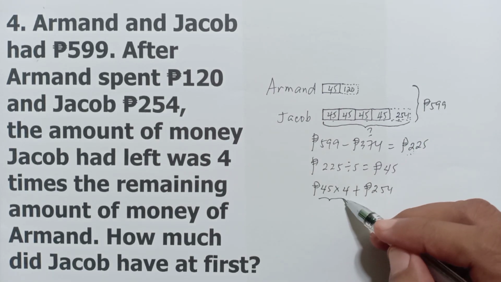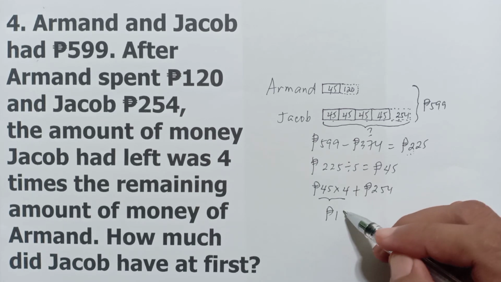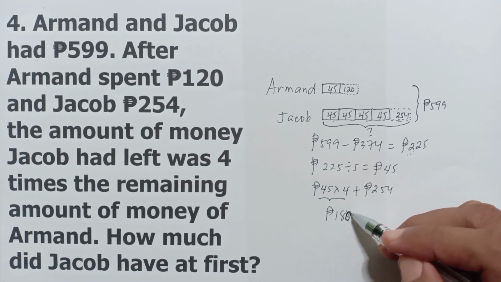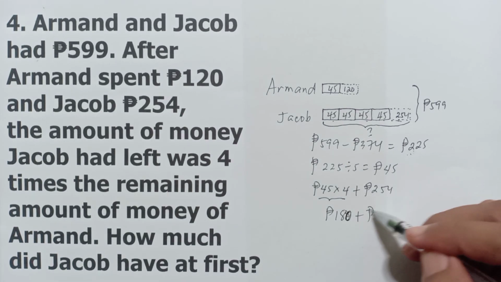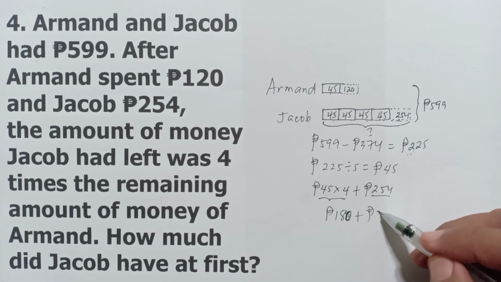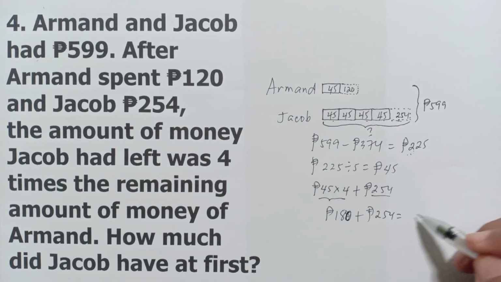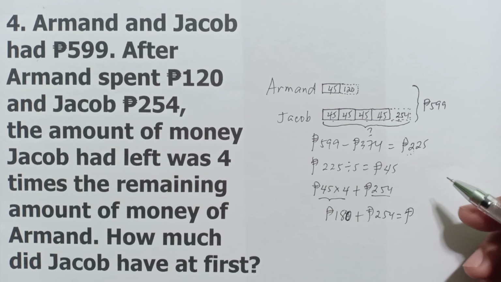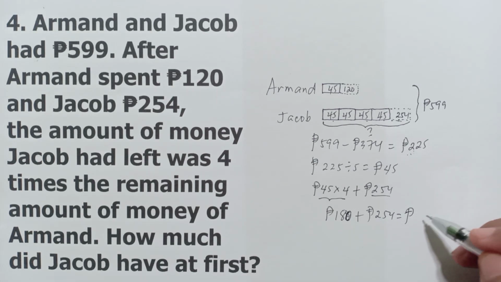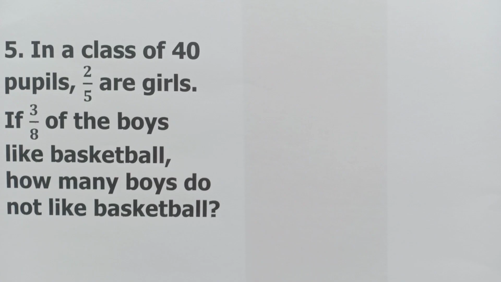So, if you multiply, this will give you 180. 180 plus the 254. So Jacob had, add this, you get 434. Okay, so our answer is 434.